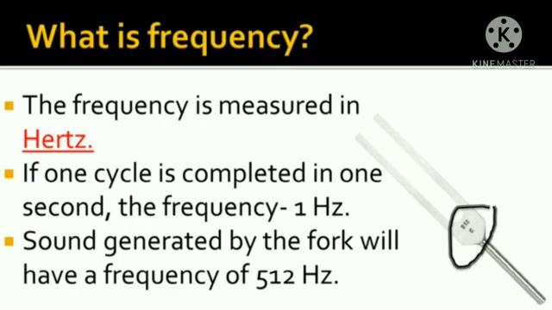So when a tuning fork shows a frequency of 512 hertz, that means the fork vibrates how many times? 512 times per second. Understood? The frequency of a tuning fork is decided by the dimensions of the prongs, meaning length and thickness, and the material used for making the fork.